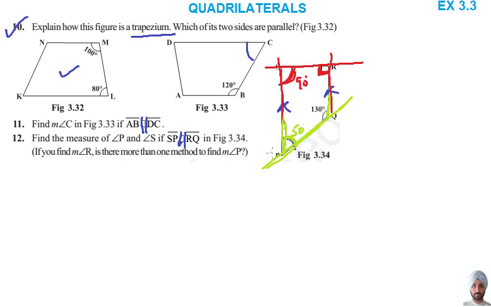Here we applied knowledge of parallel lines. We used the co-interior theorem, co-interior axiom. Now you can also use, after finding this angle 90 degree, so when we have these three angles, you can use the angle sum property of a quadrilateral also, because we know that if three angles are given, or you have found three angles, then the fourth can be found by using the angle sum property of a quadrilateral, because all four will add up to give 360 degree.